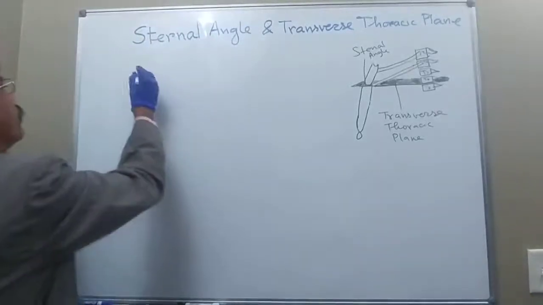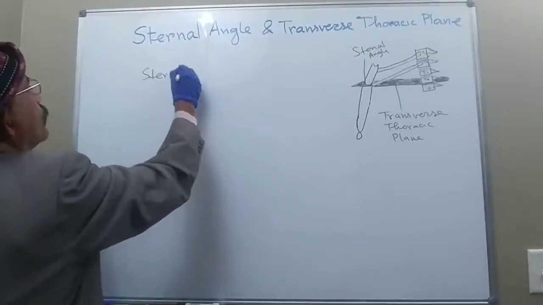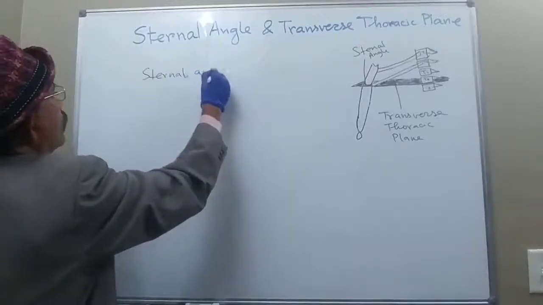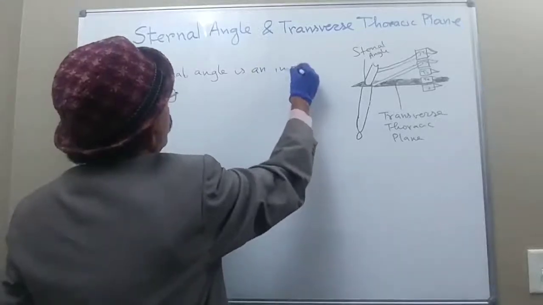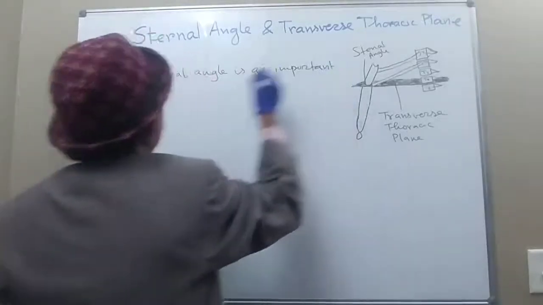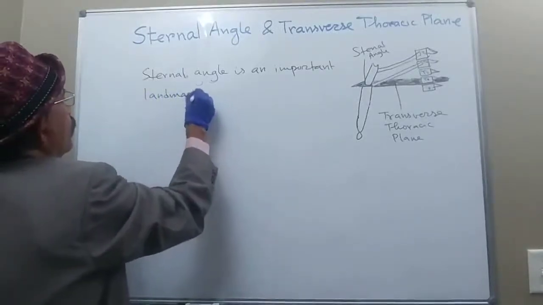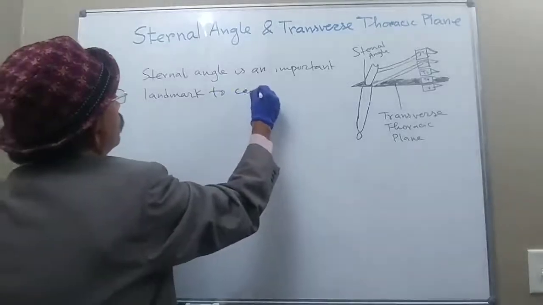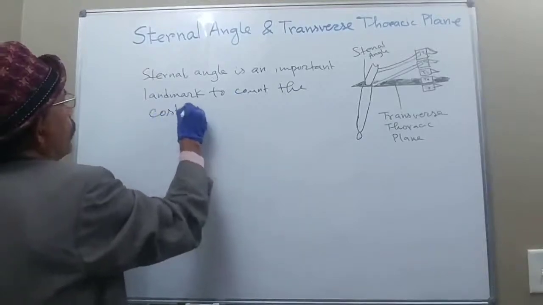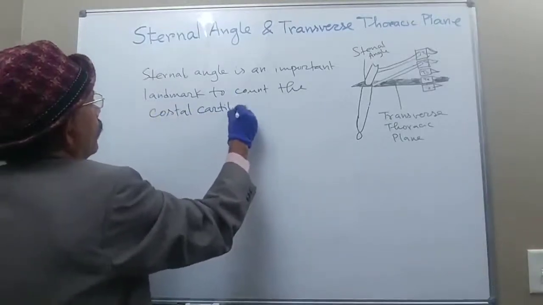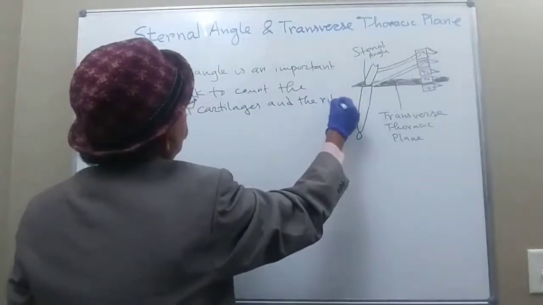Sternal angle is an important landmark to count the costal cartilages and the ribs.